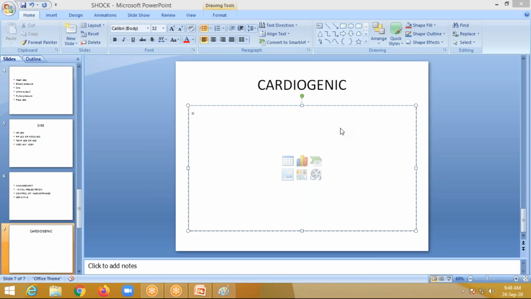As I already told, this cardiogenic shock is due to myocardial infarction, and nowadays because of the development of high cardiology centers, this cardiogenic shock is decreasing because of proper treatment.